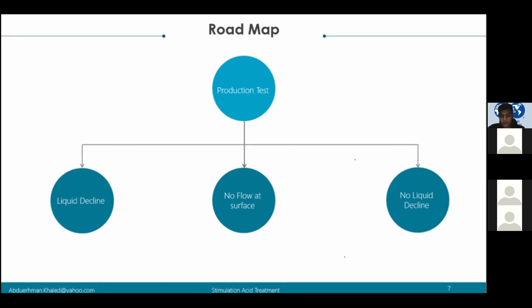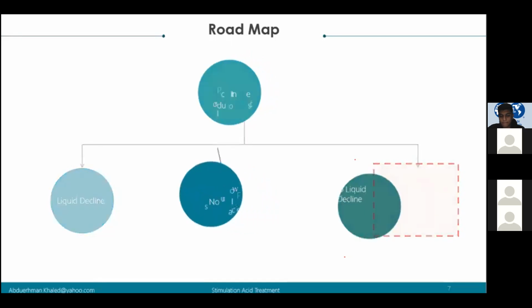Theoretically, the liquid should remain constant, but for many reasons we might have a decline in the liquid. And sometimes there is no flow at surface, due to many reasons, as we will see in a minute. But if you are lucky, there will be no liquid decline. So let's go through each one of them, starting with no liquid decline.